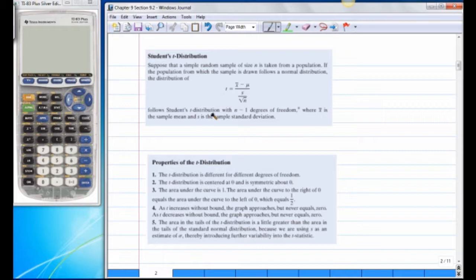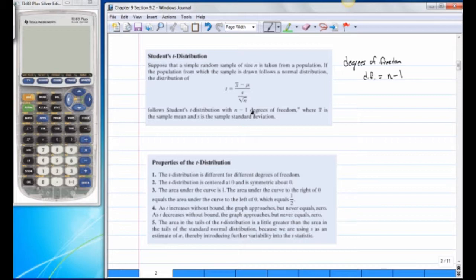This follows the student's t-distribution with n minus 1 degrees of freedom. So degrees of freedom we will abbreviate as df, and that is equal to n minus 1. That's the sample size minus 1. X bar is the sample mean, s is the sample standard deviation.